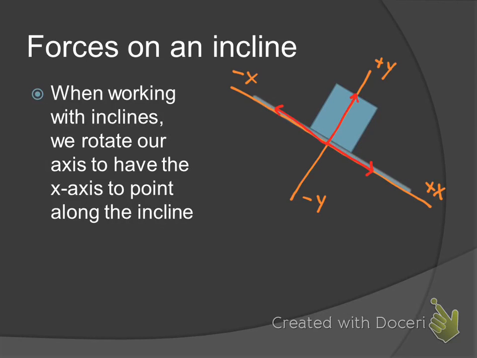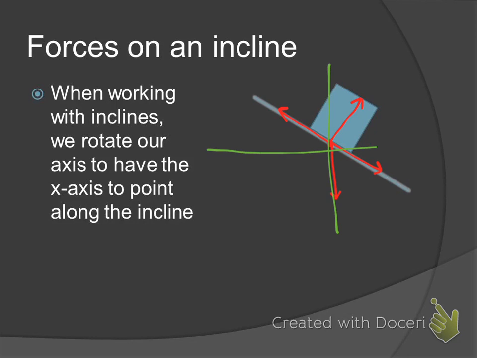So if I have gravity, let me just clear this out real quick. If I have normal force, friction, applied force, and gravity, and I kept my normal coordinate system, right, 3 of my forces would be at angles. That's no good, right?